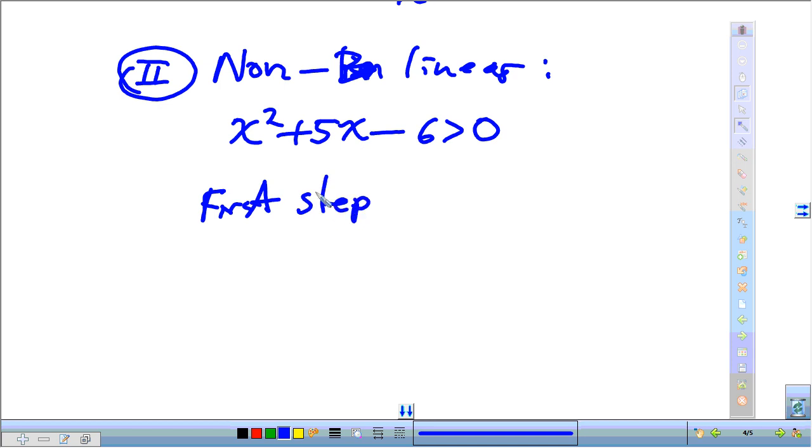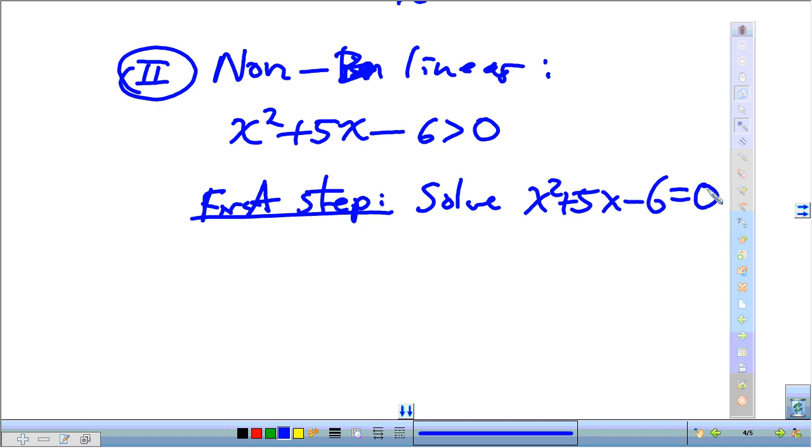Well, we're going to first solve an associated equality. So take the inequality symbol, replace with an equal, solve the equality.